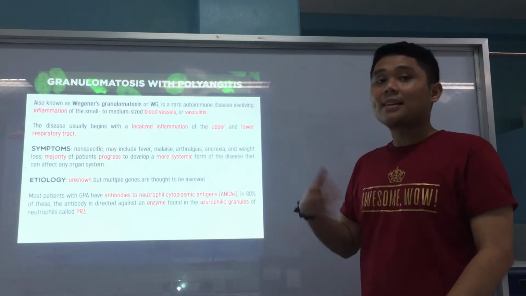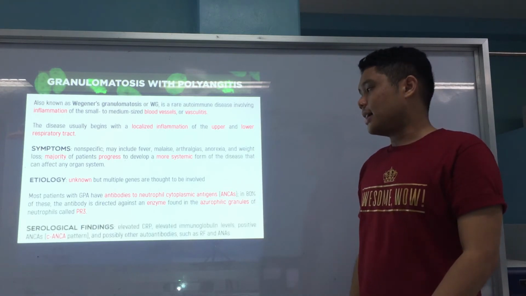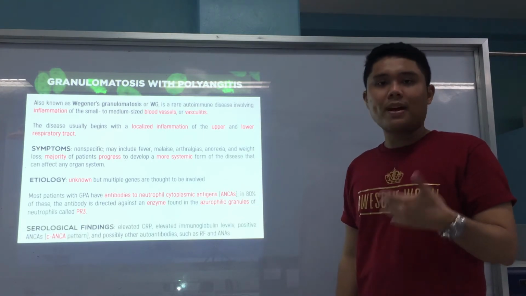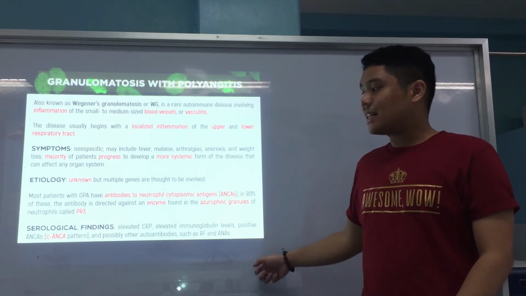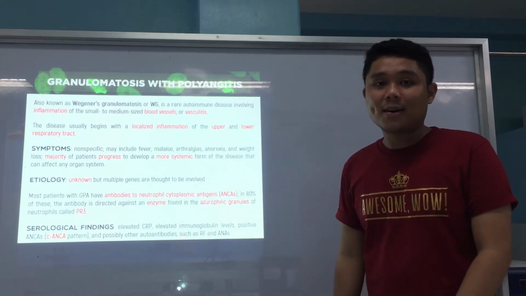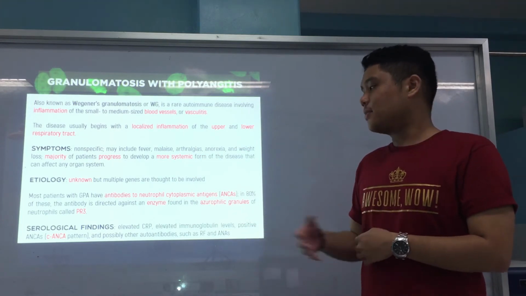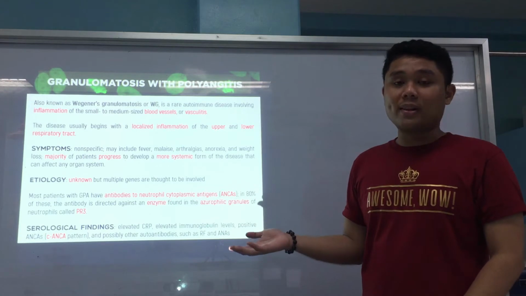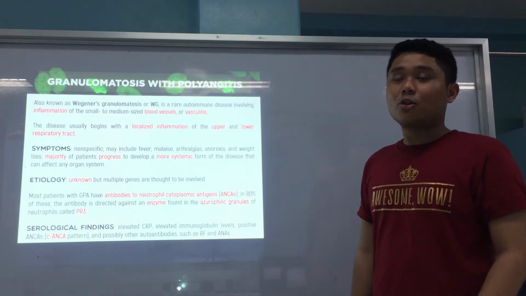That's the antibody that patients with GPA have. Serological findings: elevated CRP, again inflammation, elevated immunoglobulin levels, positive ANCAs following the C-ANCA pattern, or cytoplasmic ANCA pattern. Again, we'll discuss that in the next slides. And possibly other autoantibodies such as RF, rheumatoid factor, and antinuclear antibodies.